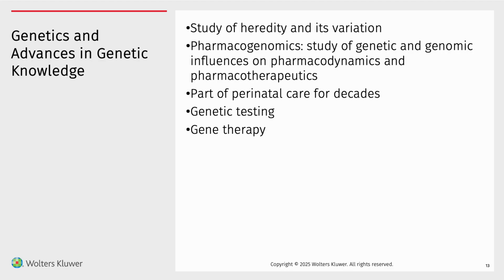The reason why you're asking these questions is to identify factors of what could be inherited. What could be an inherited condition such as cystic fibrosis, sickle cell anemia, Tay-Sachs disease, which are all genetically inherited.